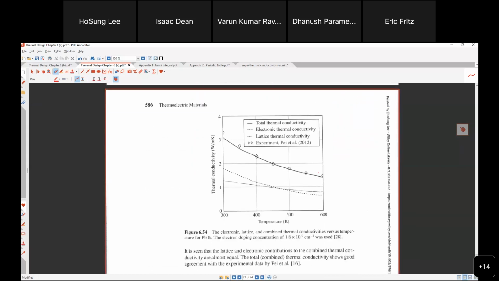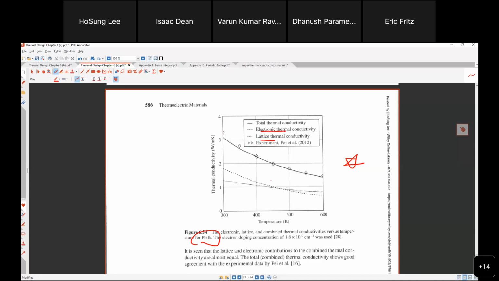So when I compute, this is my work, actually my work. This is lead telluride, a measurement experiment. And then I calculated the lattice and electronic contributions, combined together.